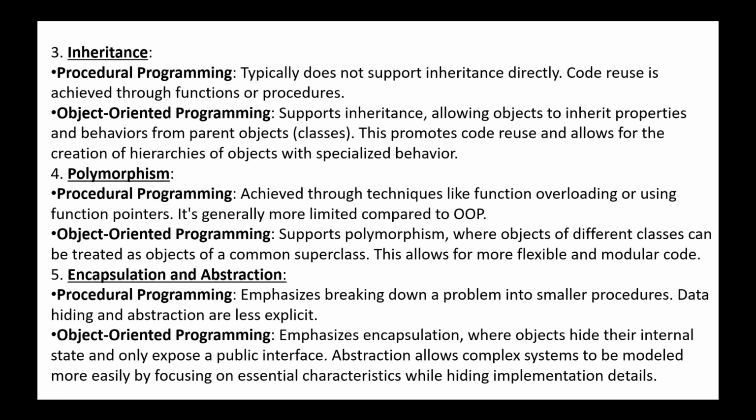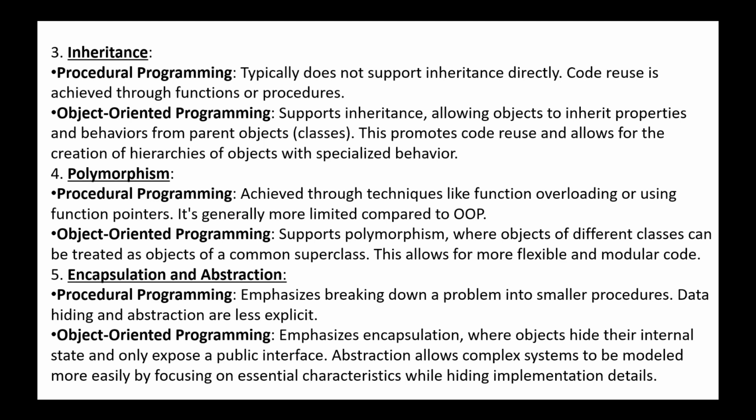5. Encapsulation and abstraction. Procedural programming emphasizes breaking down a problem into smaller procedures. Data hiding and abstraction are less explicit. Object-oriented programming emphasizes encapsulation, where objects hide their internal state and only expose a public interface.